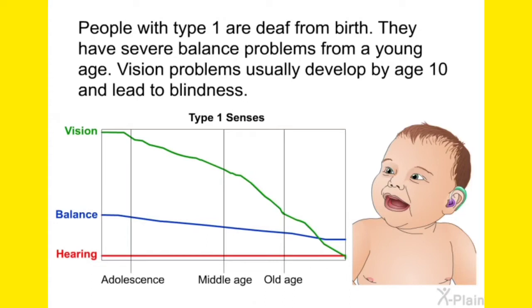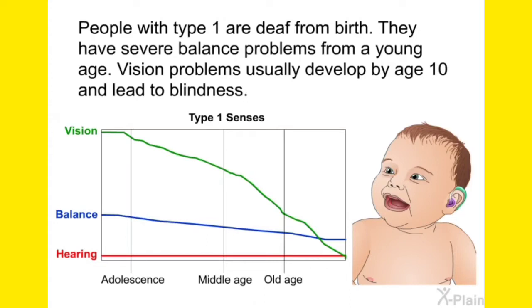People with type 1 are born deaf from birth, okay? The person cannot hear anything. So, born deaf, type 1. And because the person is deaf, the person also has a balance problem, and this is a very severe balance problem.